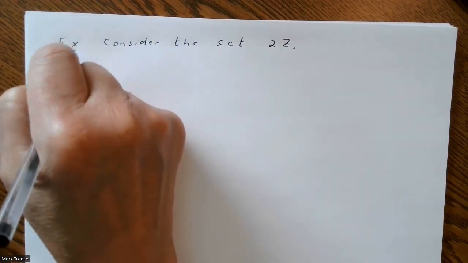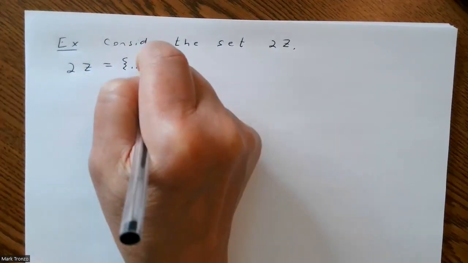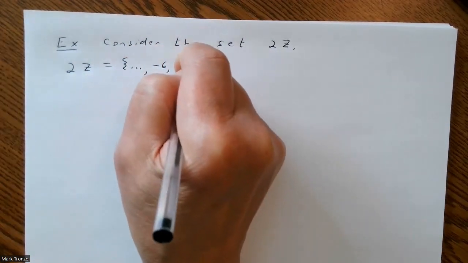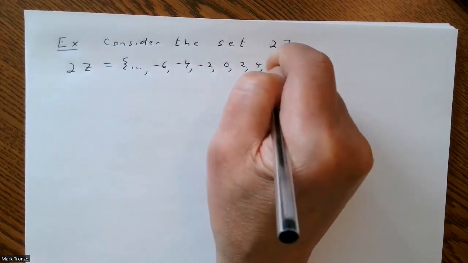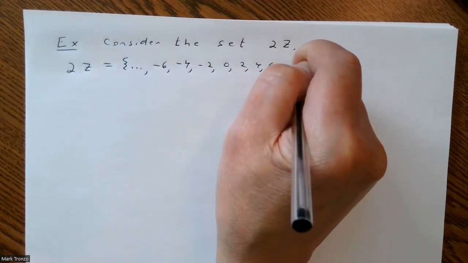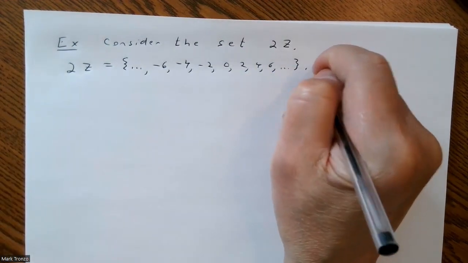Of course, that's going to be the set of -6, -4, -2, 2, 4, 6, like this. Show that this is a ring.